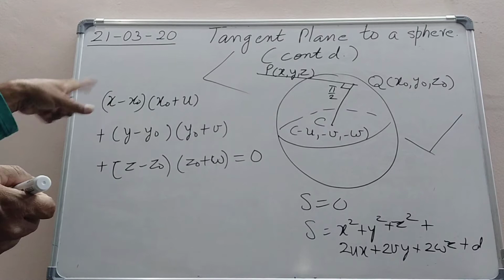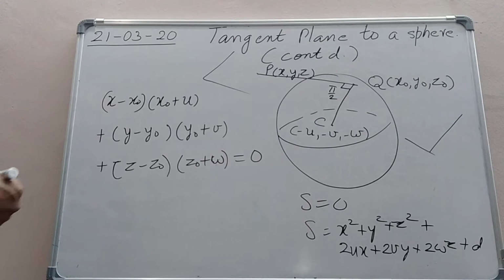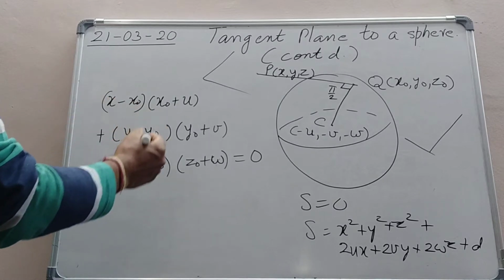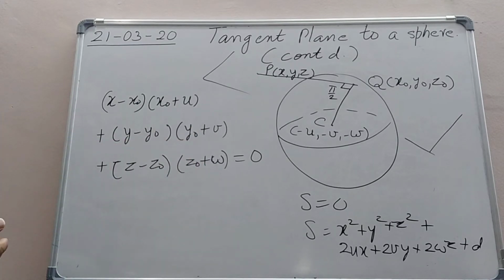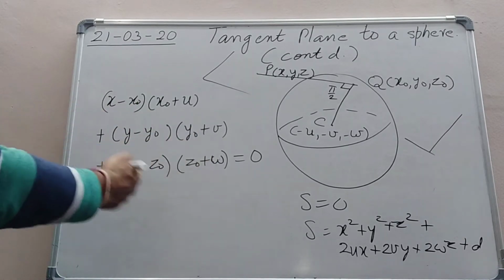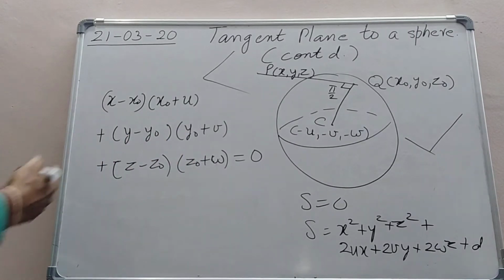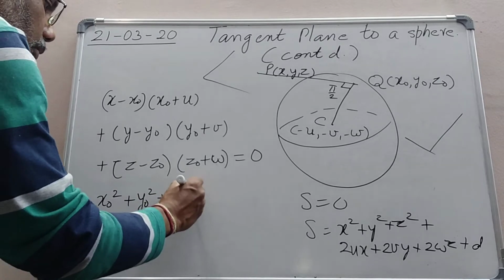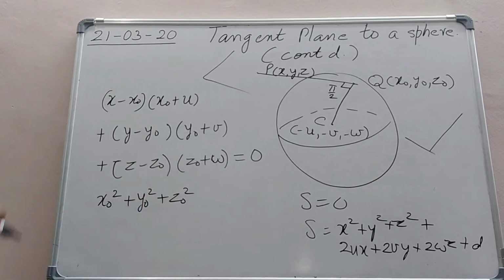So I was trying to simplify and rewrite this, and except for some signs, I will continue doing some calculations with the help of this equation. So I had written x0 square plus y0 square plus z0 square. So take this term, this and this, this and this, this and this, and take it on the other side of the equation.